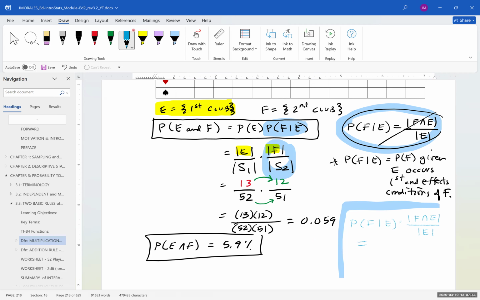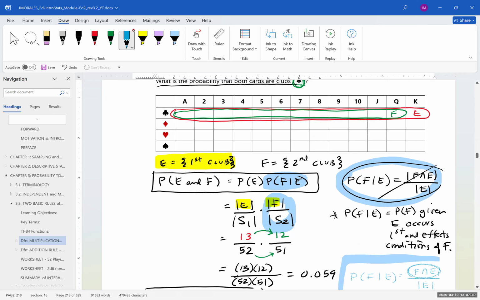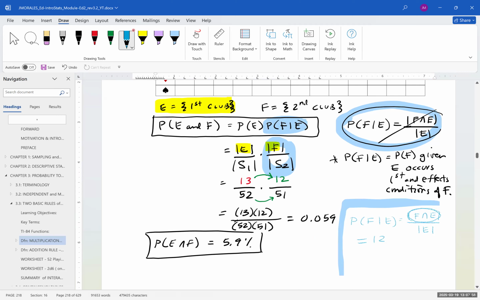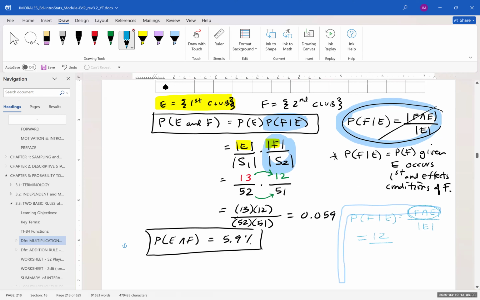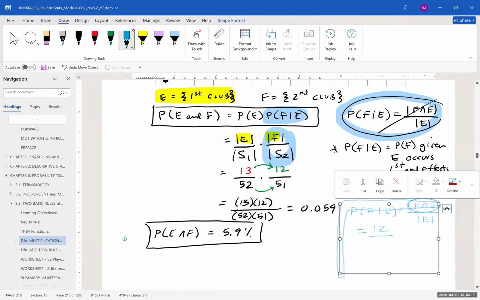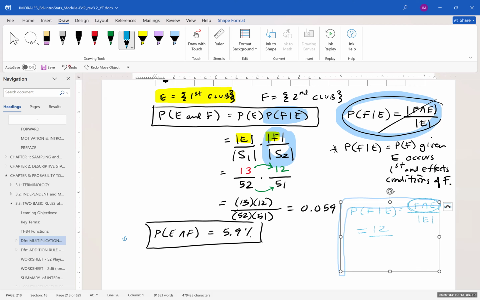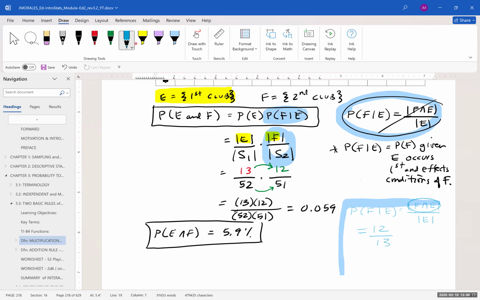All right, so what is in this intersection between these two events? So we look up here, the intersection is actually going to be all of F, which is 12. And then what's the order of E itself? It's 13. Okay.